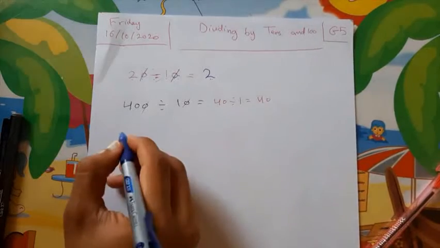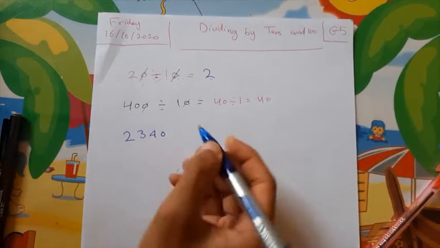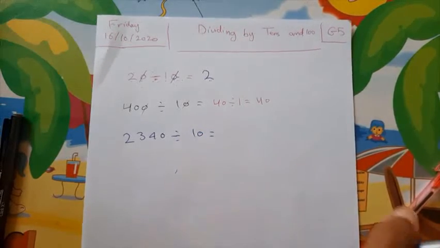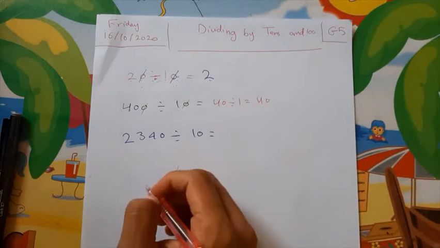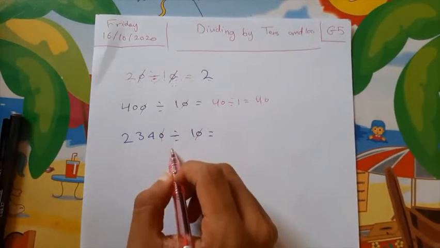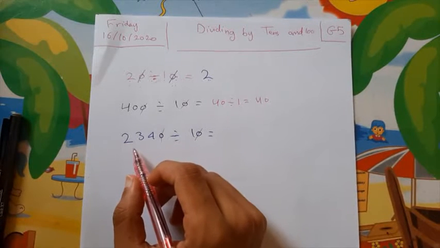Okay, what about 2340 divided by 10? Easy, right? One 0 goes with one 0 because we have the division. What remains? What is left here?